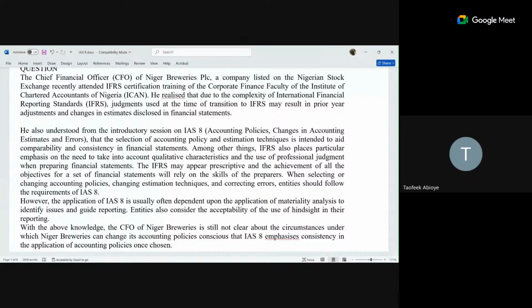The IFRS may appear prescriptive, and the achievement of all the objectives for a set of financial statements will rely on the skills of the preparers. When selecting or changing accounting policy, changing estimation techniques, and correcting errors, entities should follow the requirements of IAS 8.